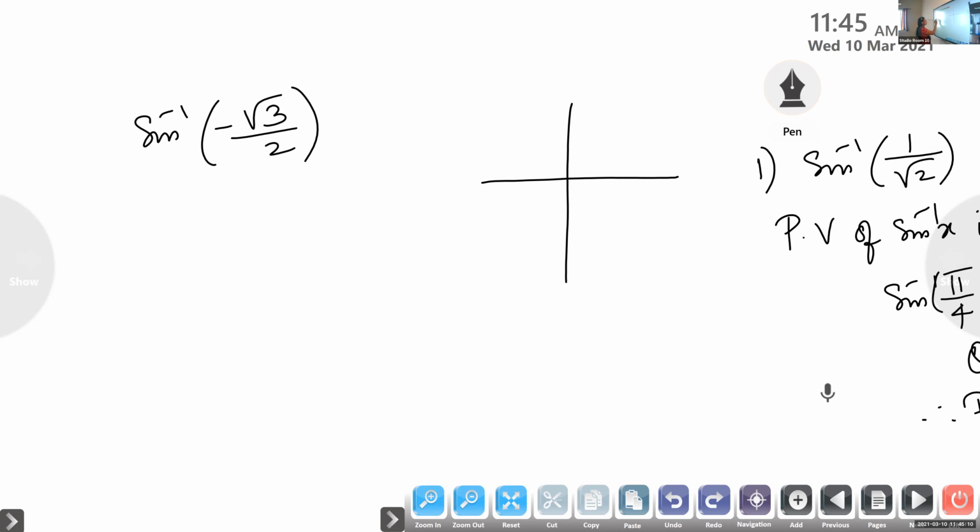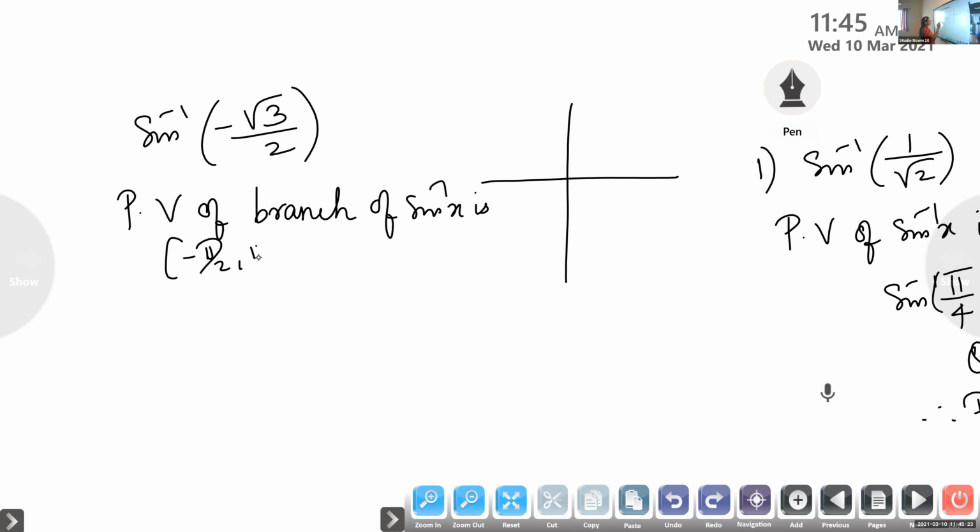Then the principal value branch of sine inverse of x is closed minus pi by 2 to plus pi by 2, isn't it? So which two quadrants? First quadrant and fourth quadrant. Is it okay, children?